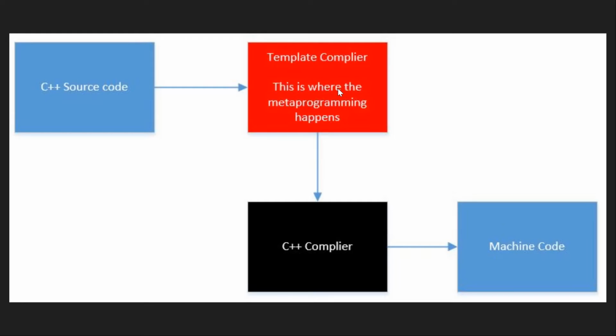Then it goes on to our C++ compiler, say for example inside Visual Studio or Xcode, and it turns that C++ code into machine code, into an executable that can be run.